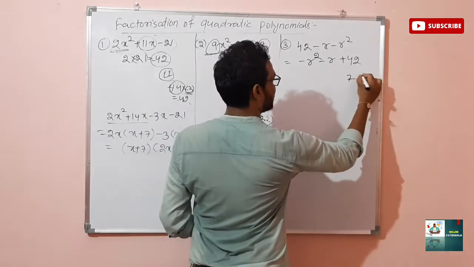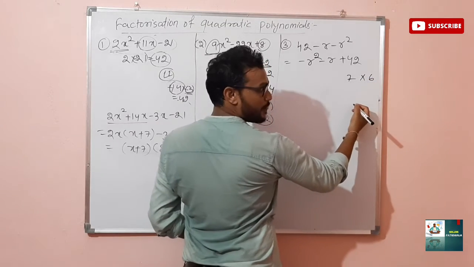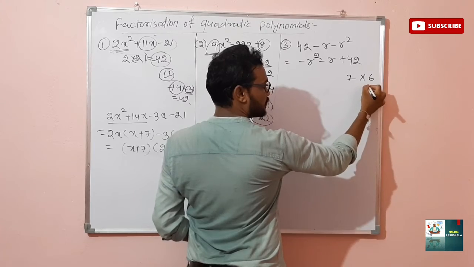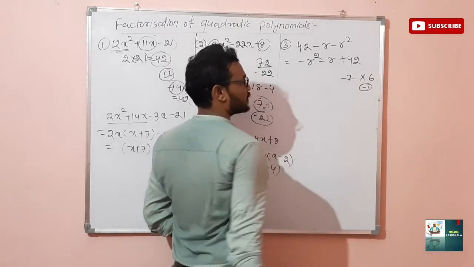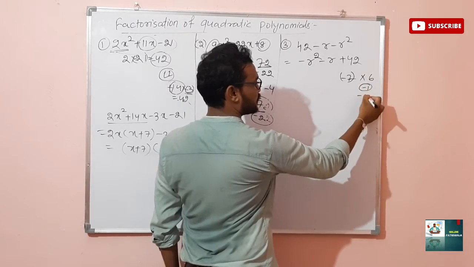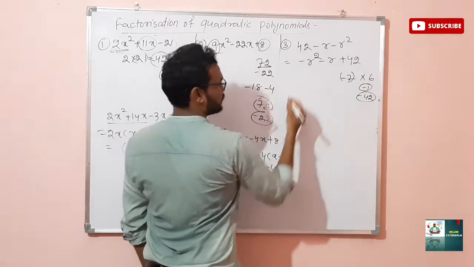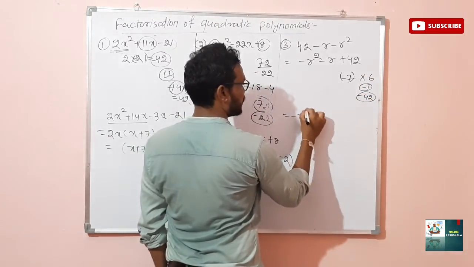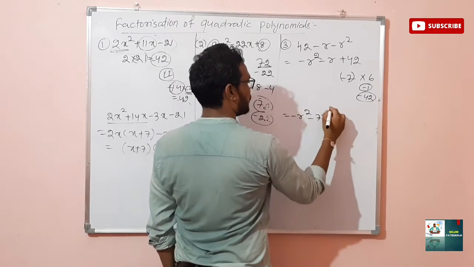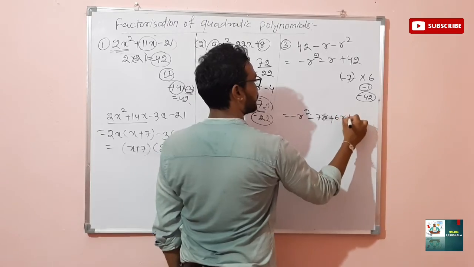So 7 and 6. But 7 minus 6 is 1, not minus 1. If I take minus 7 and plus 6, the sum is minus 1 and the product is minus 42. So we have got the numbers: minus r square minus 7r plus 6r plus 42.